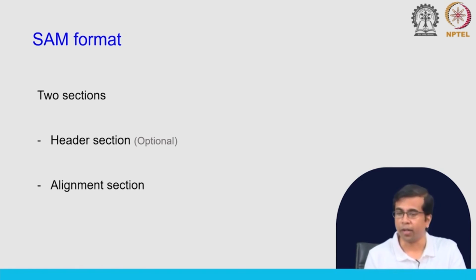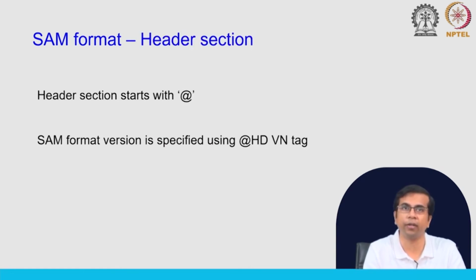Let us look at the header section, what kind of information it has, and how you interpret this data. The header section starts with the @ sign. It is a bit like the FASTQ format, where the header section starts with @. We will see the actual file, and you will see this @ sign.